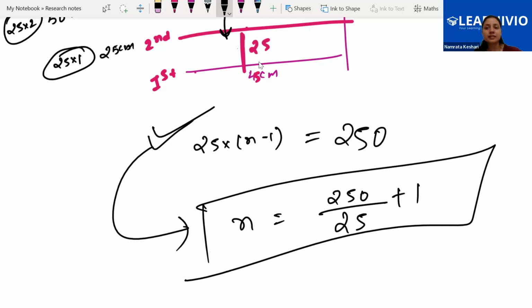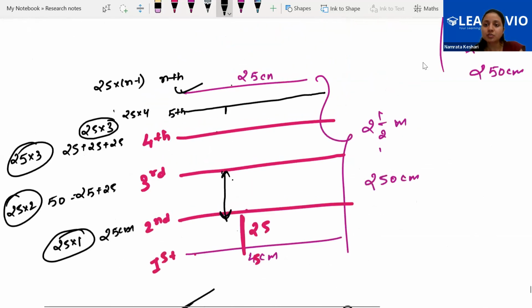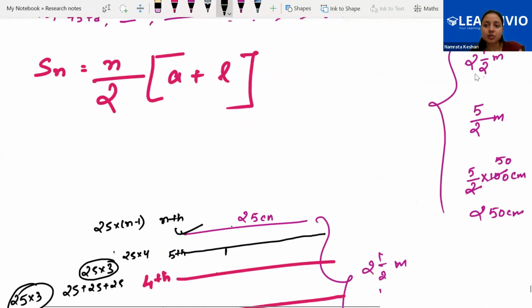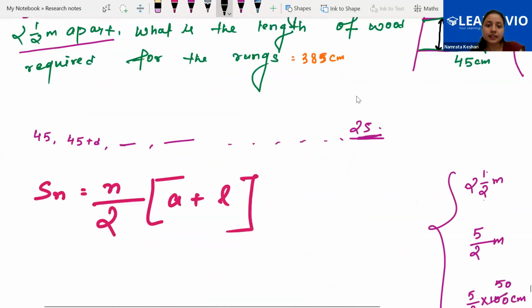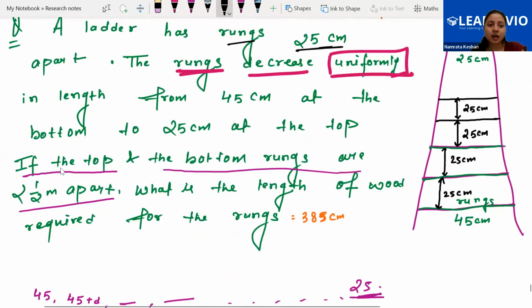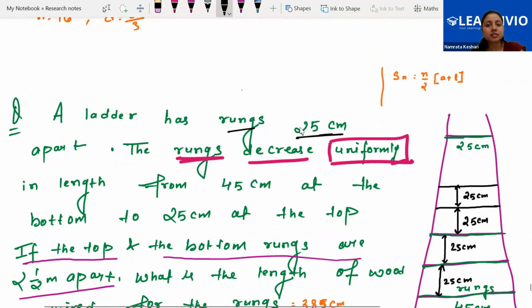Ma'am, how did we get 250? 250 means 2.5. It was there, no mixed fraction. See, it is written in the question. A ladder has rungs 25 centimeter apart.